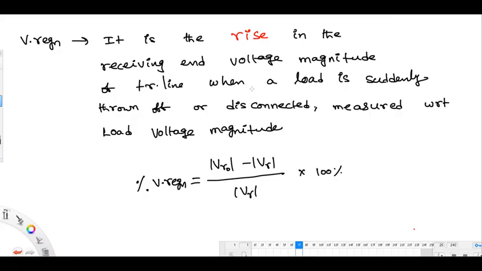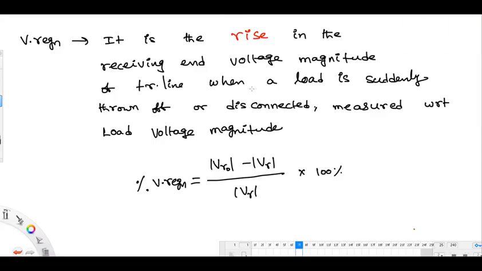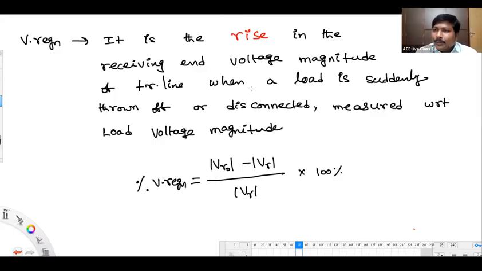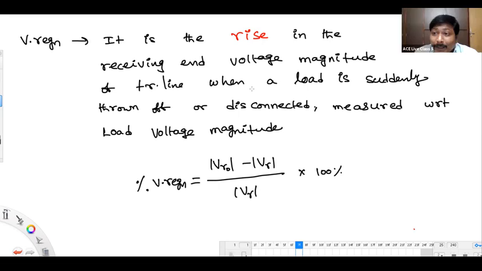For example, you see fault analysis. To calculate transient or subtransient current, we are using the lumped model, right? Not distributed. But for what purpose?